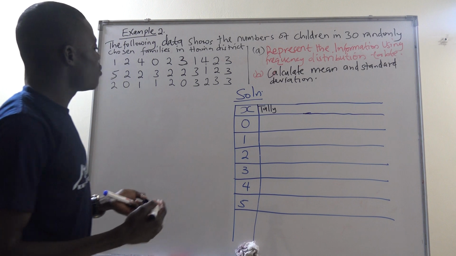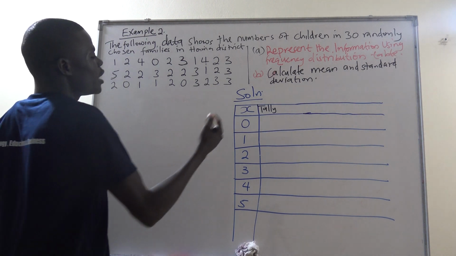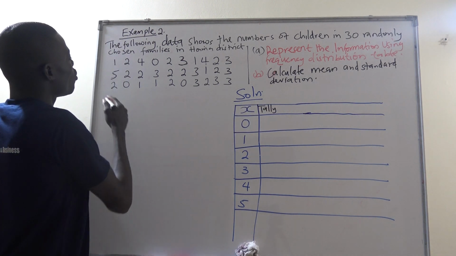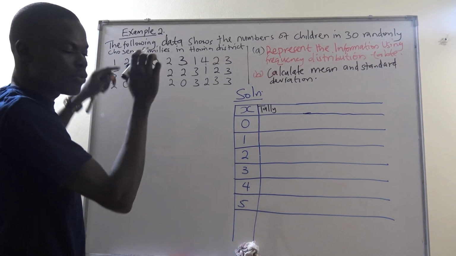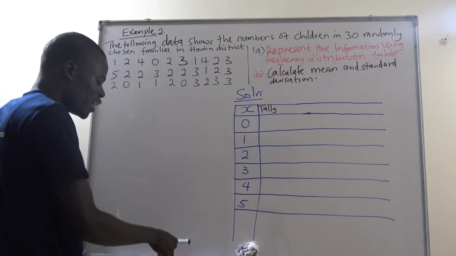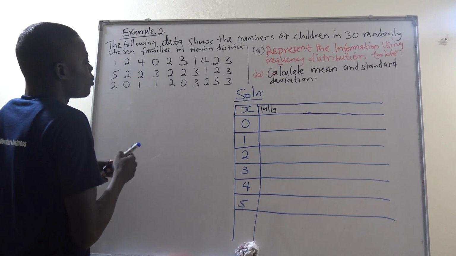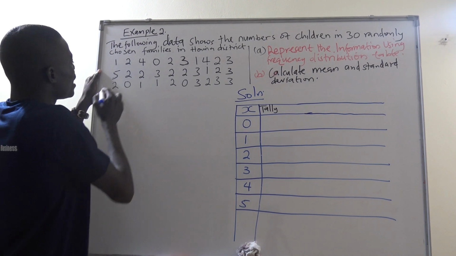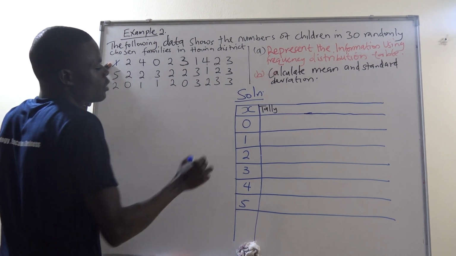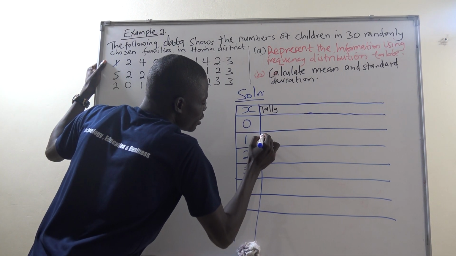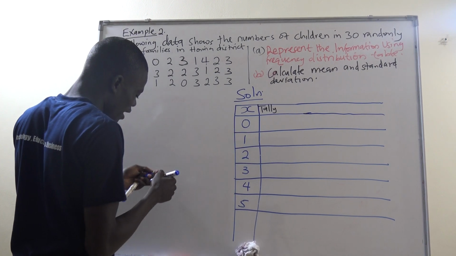So we start. We said when you are representing tally, you cross the number this side, and then you represent it with a straight line. And then that's what we are going to do. We shall start with the first. After crossing the first one, we shall go and represent it with a straight line.